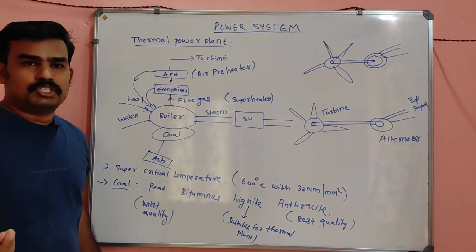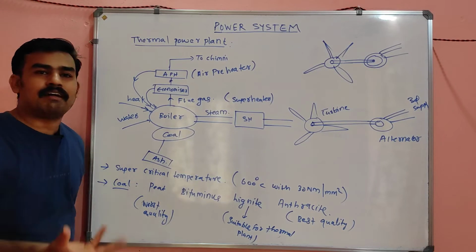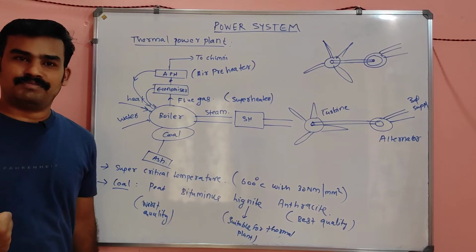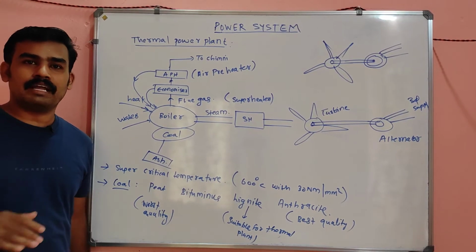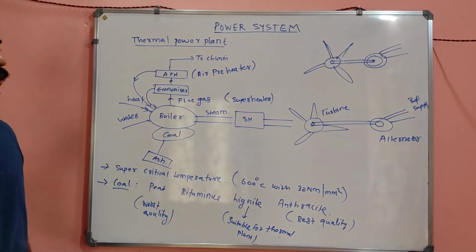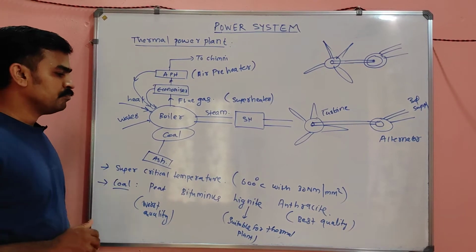Suppose a one-word question may be asked: which is the best quality or which is the worst quality coal among the following? There may be a chance of asking that type of question. So that's why I did this.